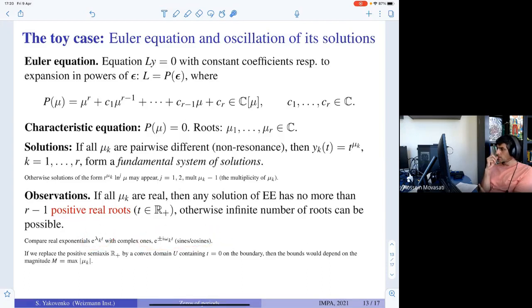If you have a linear combination of only real exponentials, then this family of functions is Chebyshev, so-called non-oscillating. You cannot produce many zeros no matter where, by taking linear combinations. Once you allow non-real eigenvalues, you instantly have sines and cosines, and each of them would bring you infinitely many isolated zeros. So if we want to work not on a finite interval, but on the whole positive real line, then we need to add the assumption that all eigenvalues are real.